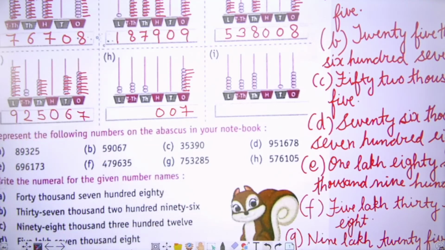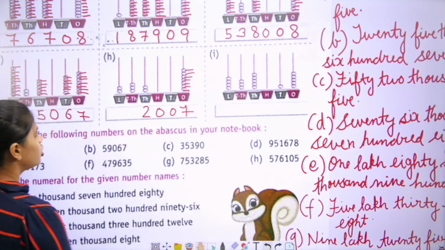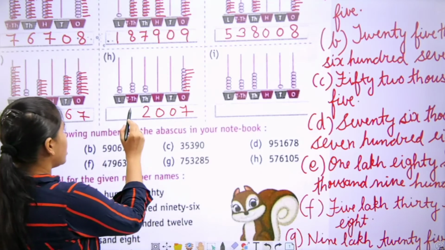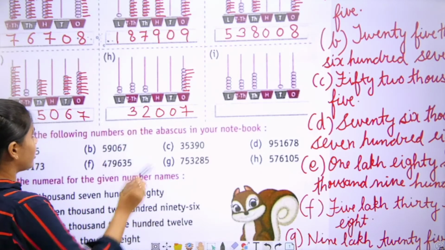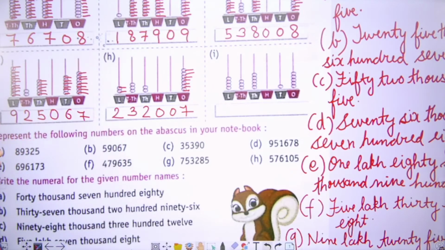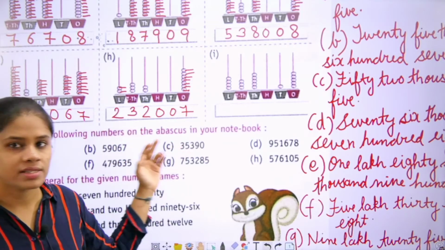In 1000 side there are only 2 bits. We will write here 2. In 10,000 side there are only 3 bits. Next, in lakh side there are only 2 bits. We will write here 2. That is 2,32,007.